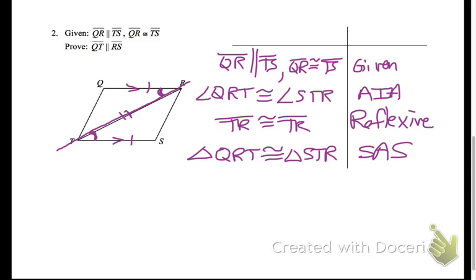Well, if we have triangle congruence, we now know that angle QTR, which I'll pick a different color here, here's QTR, is congruent to angle SRT based on the triangle congruence.